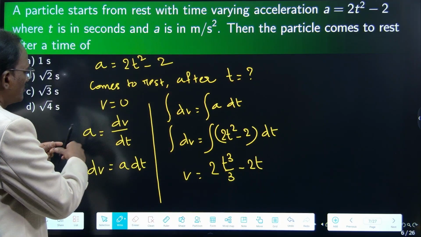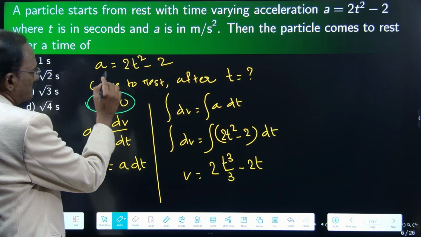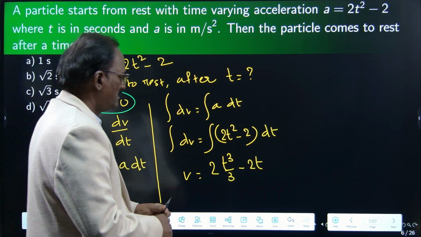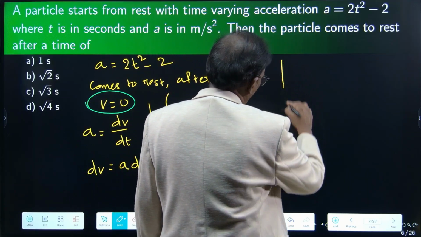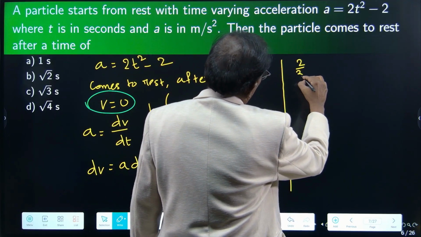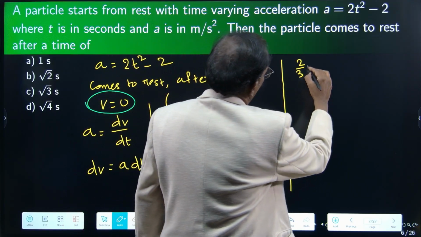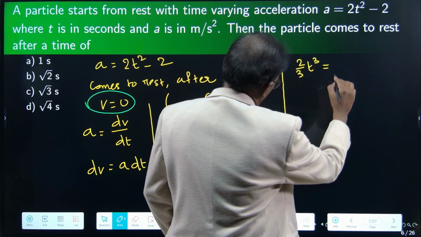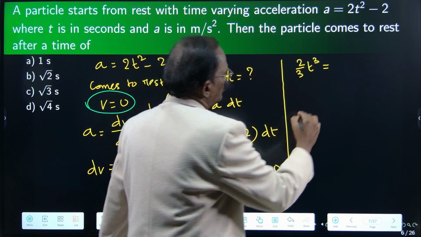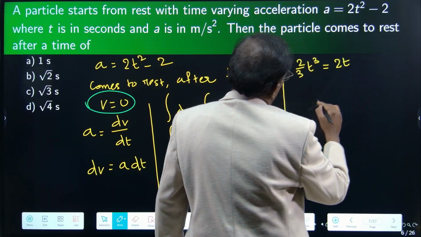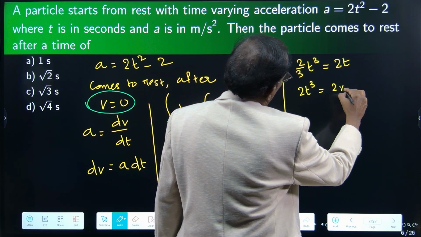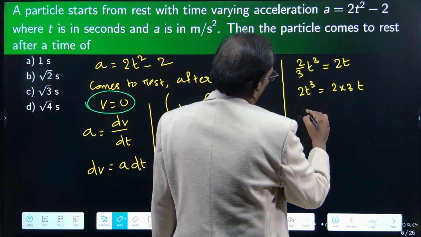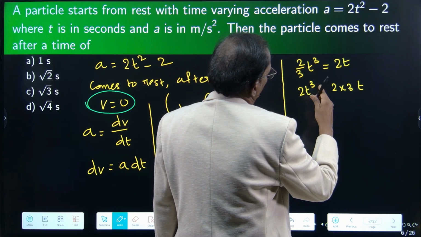The velocity is going to be 0, so we have to make this right hand side equal to 0. So 2 by 3 t cube is equal to 2t, right? So 2t cube is equal to 2 into 3 t. So 1 t we can cancel out.